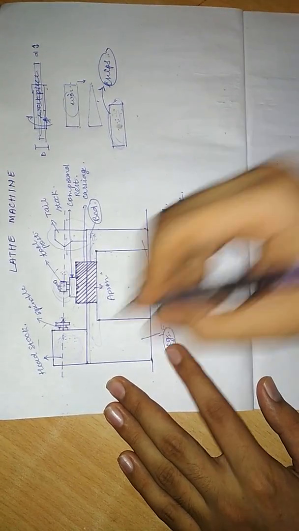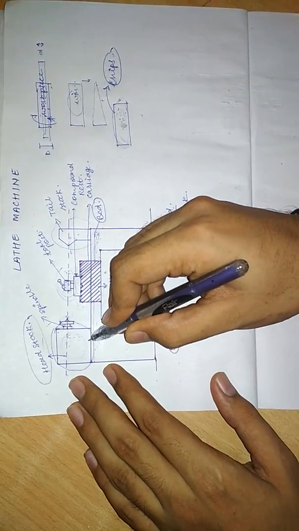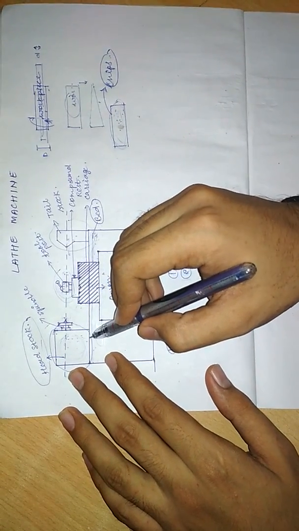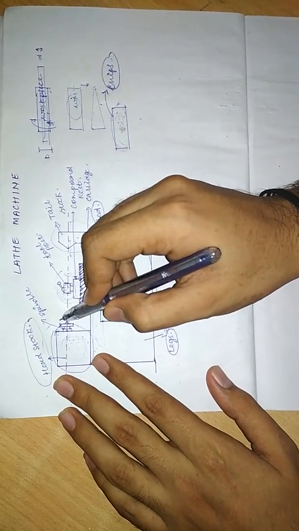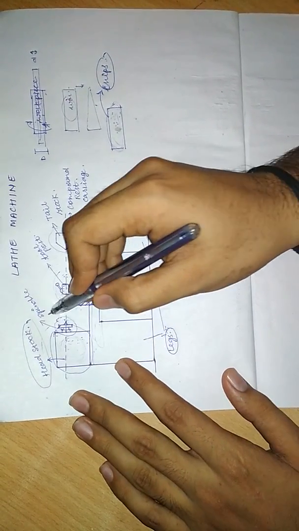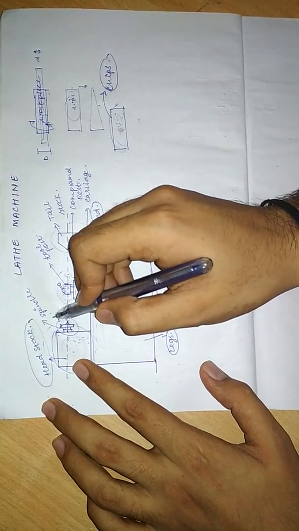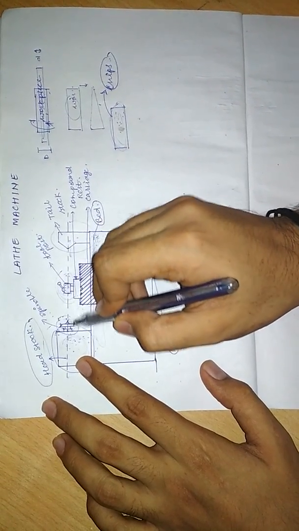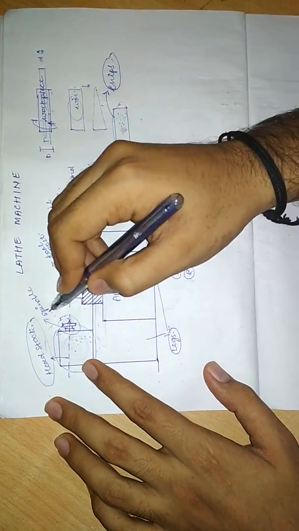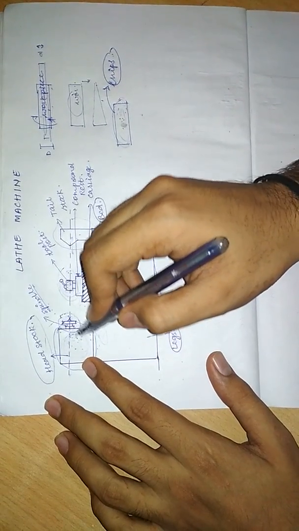This part is the headstock in lathe machine. The headstock has one main part, that is spindle, shaft and support bearing. This spindle shaft is mounted on this headstock, and this spindle is the main part which rotates and helps the workpiece to rotate. It is directly connected with the gear trains and shafts.